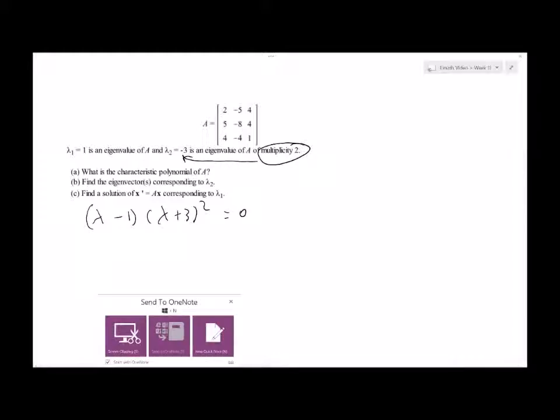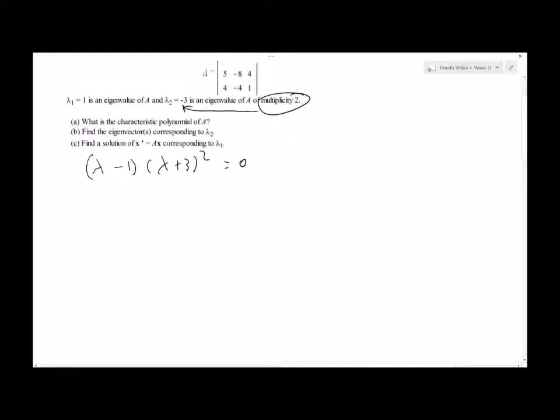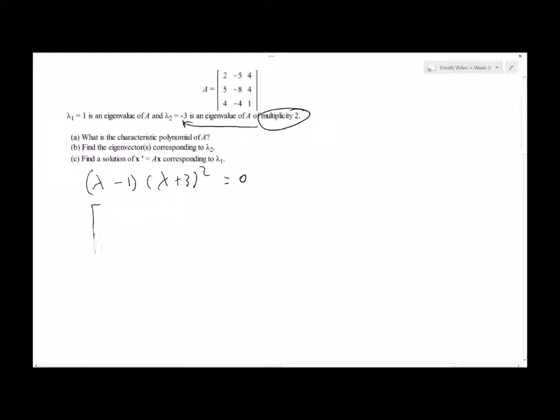Now for the eigenvectors corresponding to lambda 2, we just plug it in across the diagonal like we've always done. It's going to be 2 plus 3, negative 5, 4, 0; 5, negative 8 plus 3, 4, 0; 4, negative 4, 1 plus 3.